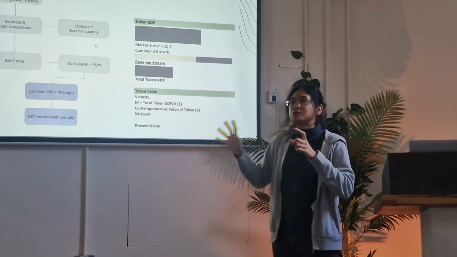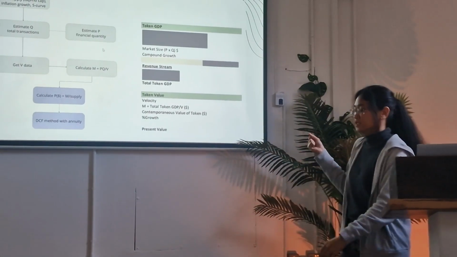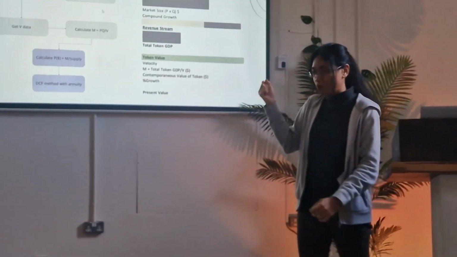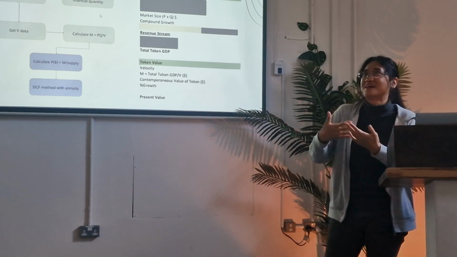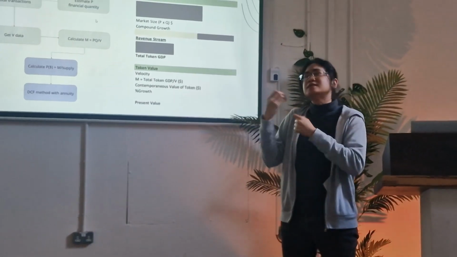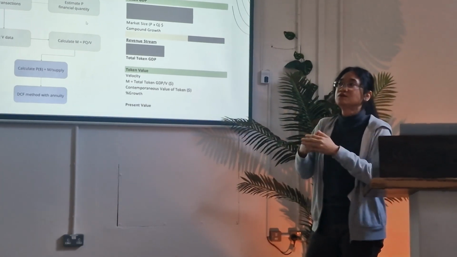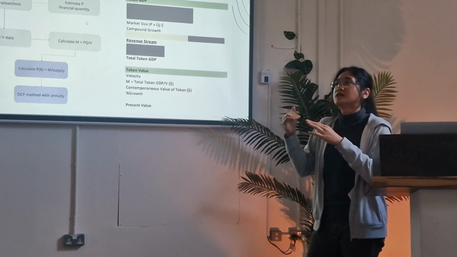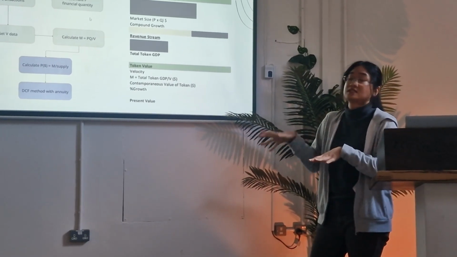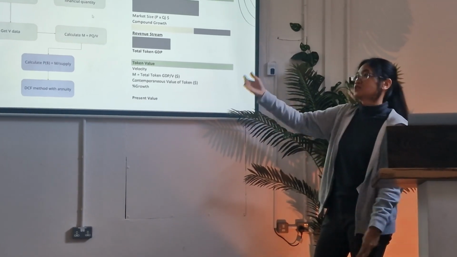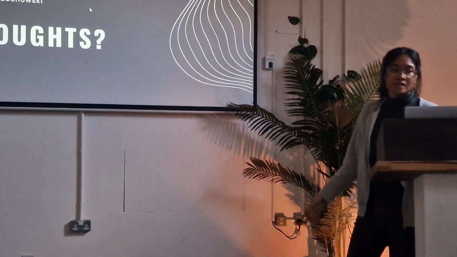If you are not familiar with what present value and future value are, we can discount the future value because money is valued more in the present, because you can use the money to invest in something else. But the future value has to be discounted to be brought back to the present.